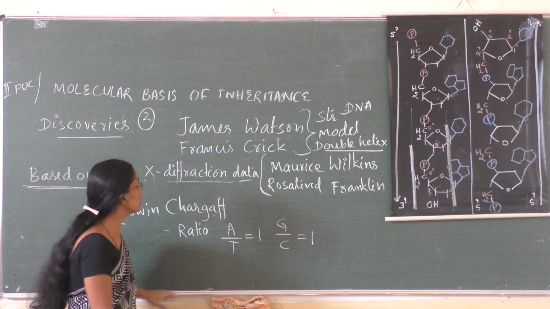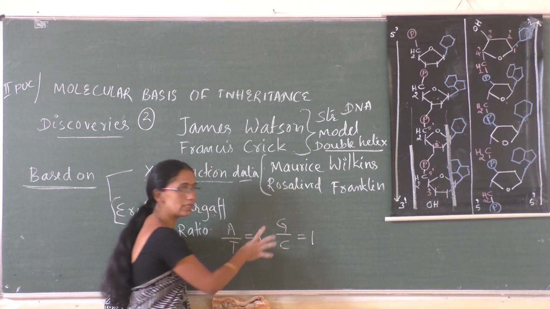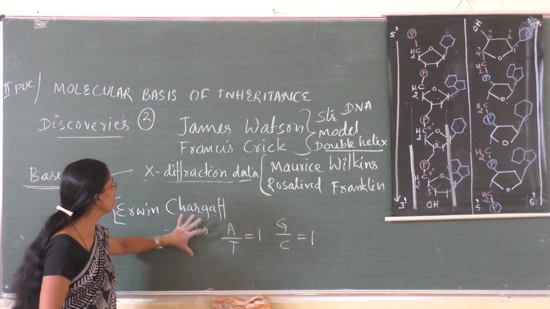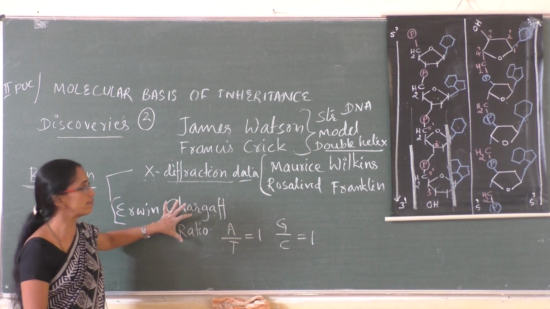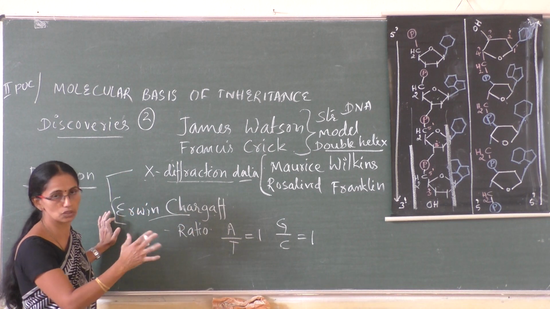So the ratio between adenine and thymine as well as guanine and cytosine is the same. This was given by Erwin Chargaff. In detail we are studying Chargaff's rule in the structure of DNA.